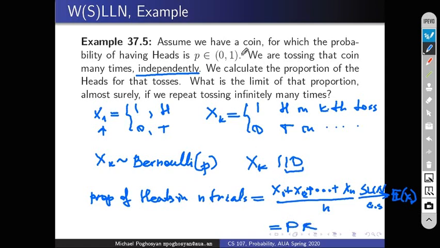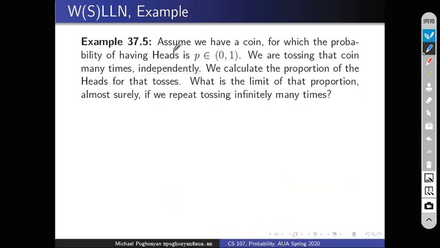As an explanation, if we have a fair coin and we toss it, say, 1 million times, then we will have almost half of them show heads. So the proportion of heads will be almost 1/2 in that 1 million. And if I increase this number, that proportion will approach exactly 1/2.